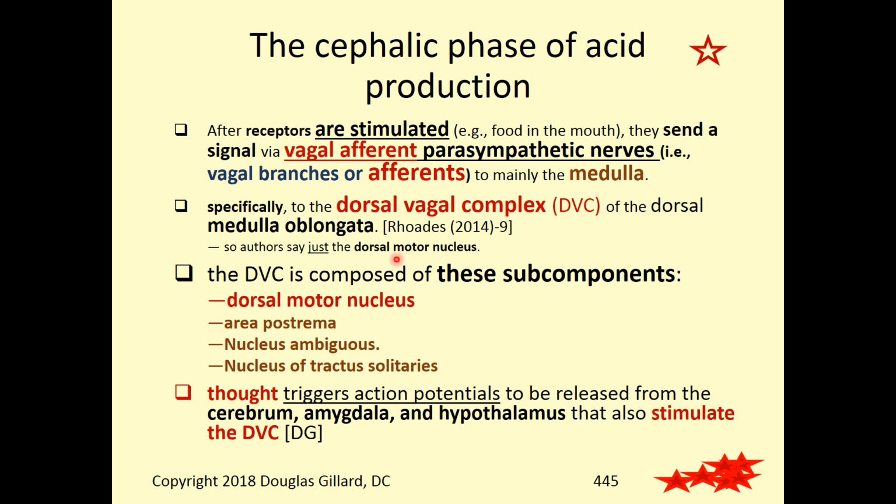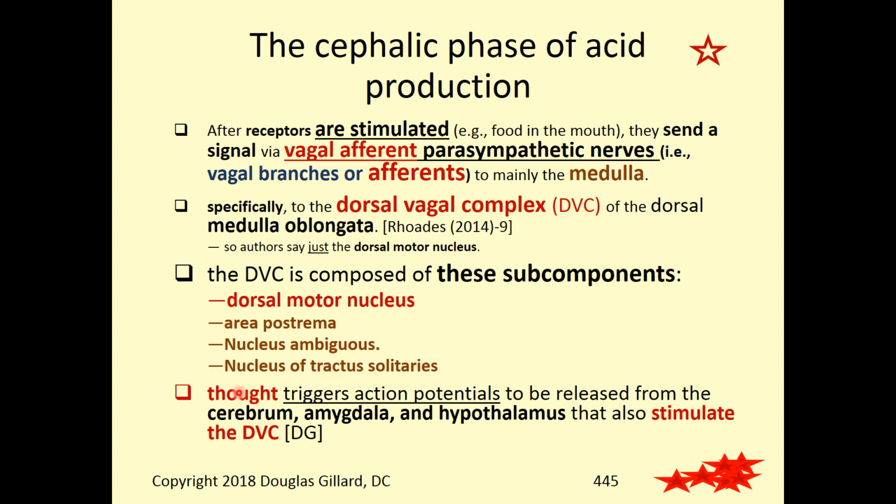Some authors don't say that. Some authors, like Guyton, say the dorsal motor nucleus. But there's other interactions. The mechanism is complex, but the real place they go to is the dorsal vagal complex, which includes, here are the subcomponents, the dorsal motor nucleus, the area postrema, nucleus ambiguus, nucleus tractus solitarius.